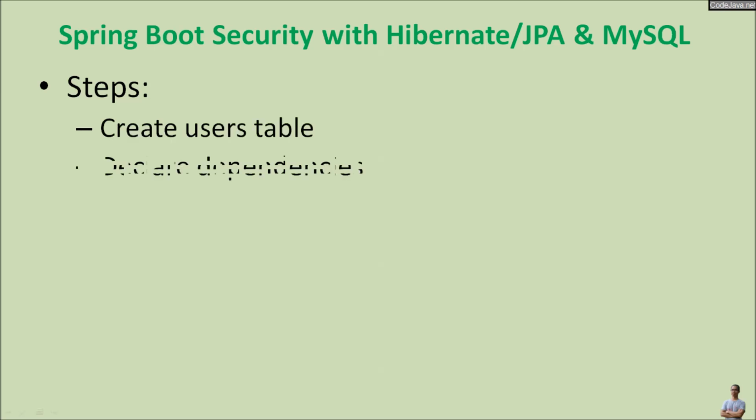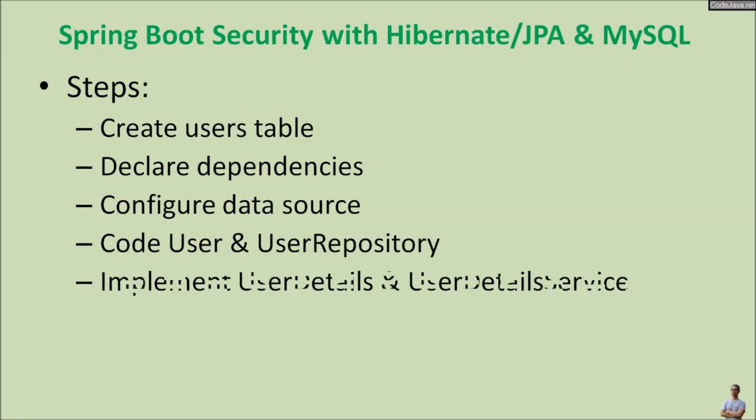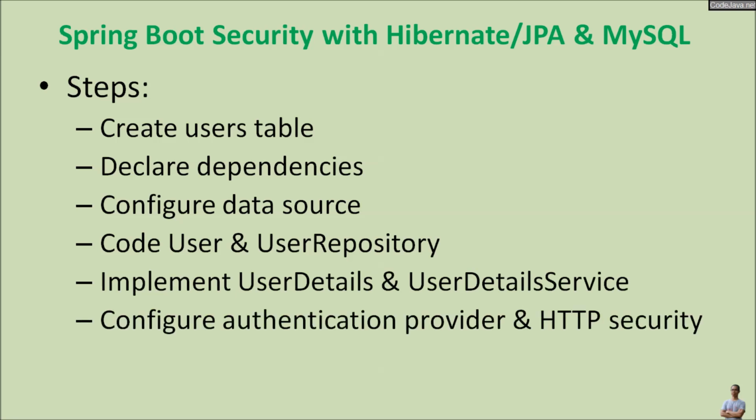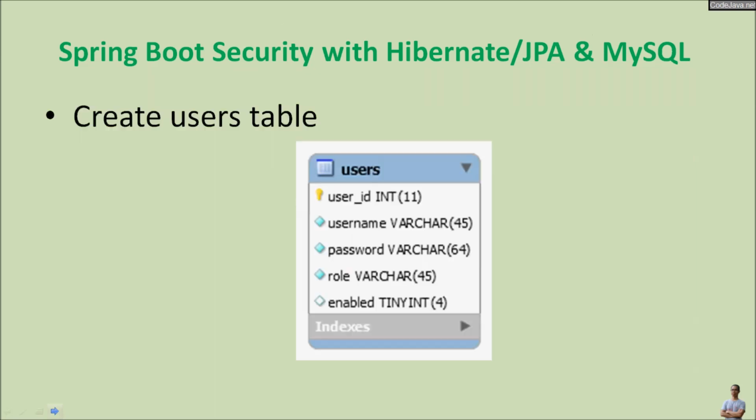First, we create a users table to store the credentials, then declare the necessary dependencies, configure data source, code user and user repository class, implement user details and user detail service, configure authentication provider and HTTP security, and test login and logout functions. This is a class diagram that helps you understand the code in the project. I will explain to you later.